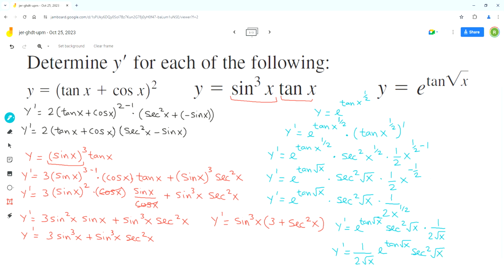This should be the final answer for the derivative of the third y equation.